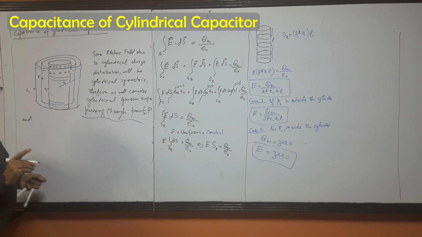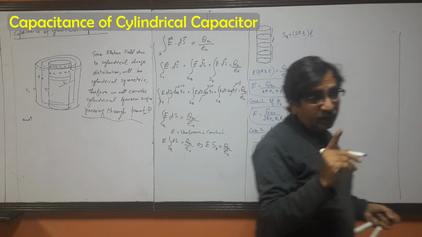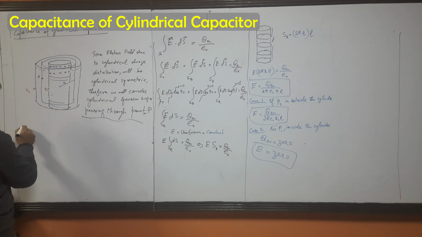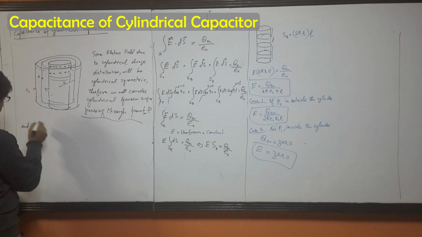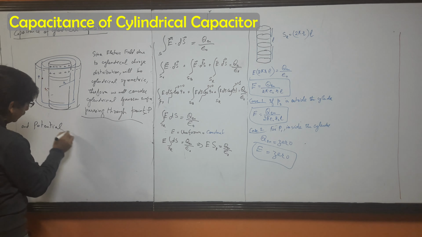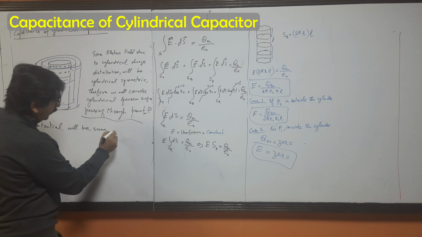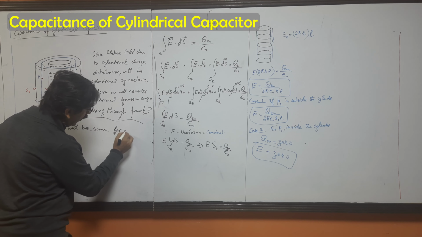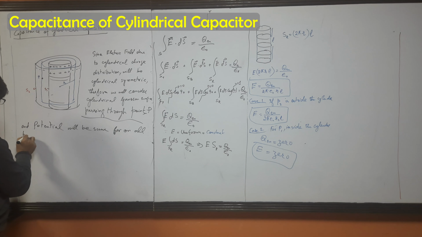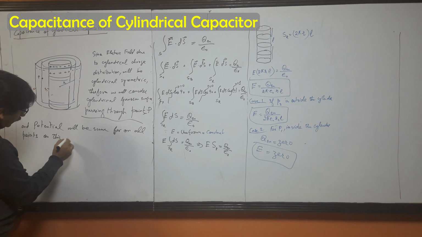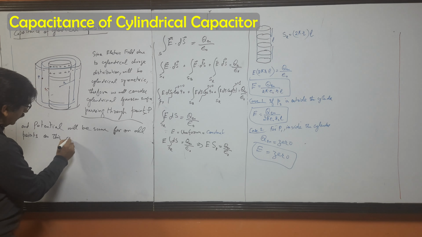And yes, there will be no change, and this Gaussian cylinder, the potential will be the same on all points on this cylinder.